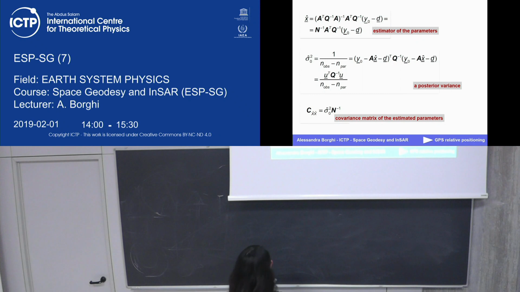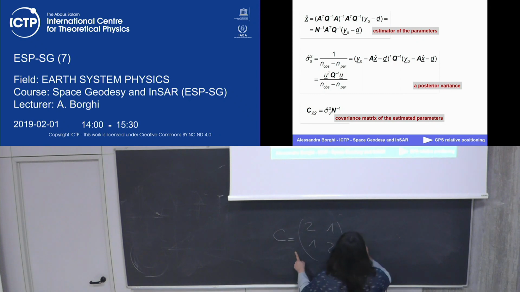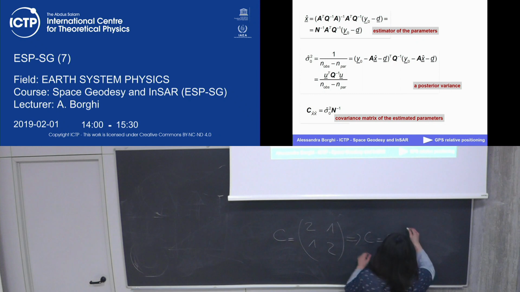So if you have, for instance, a covariance matrix given by, I try to do a good example, like we have seen before. Okay, this one. I can write this equation with 2, 1, 0.5, 0.5.